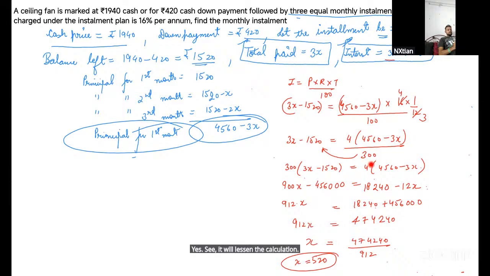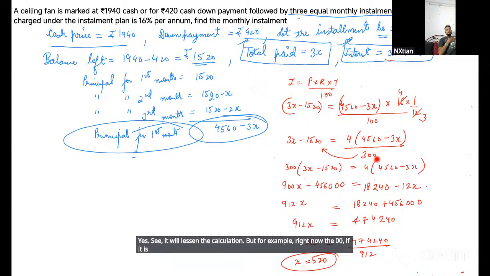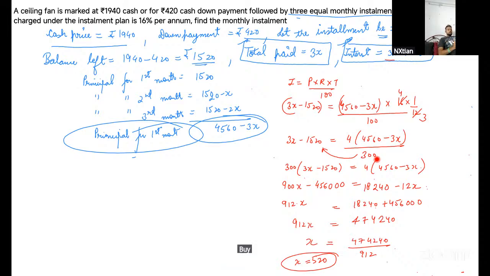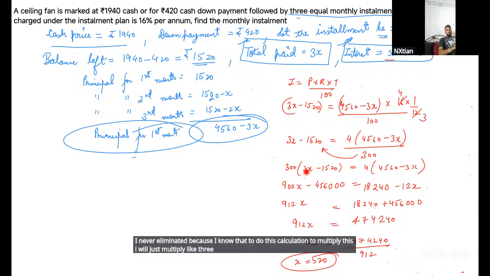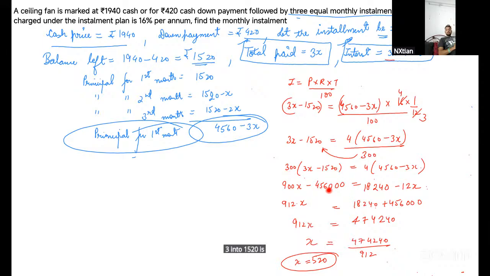But for example, right now if the 00 is there, I personally never eliminate it. Why? Because to multiply this, I will just multiply like 3 times 3, which is 9, and the two zeros will automatically come. 3 into 1520 is 456, and the three zeros will automatically come.